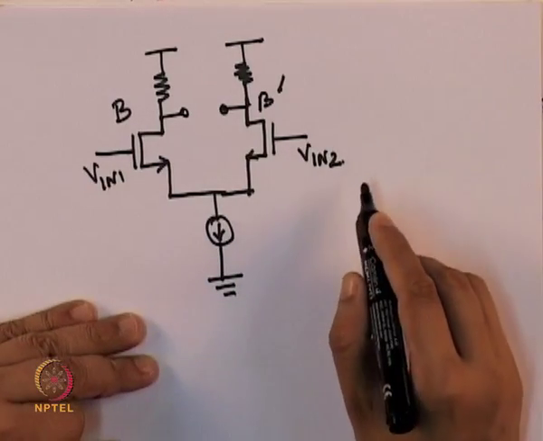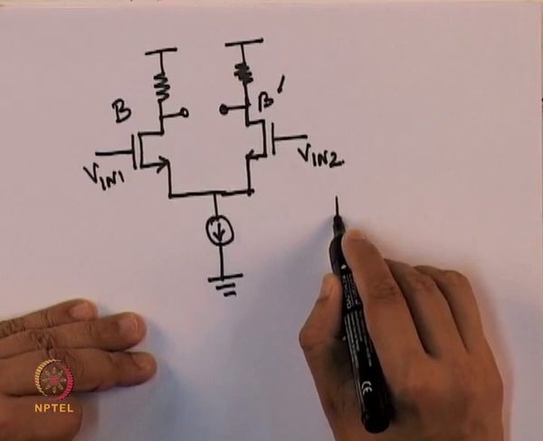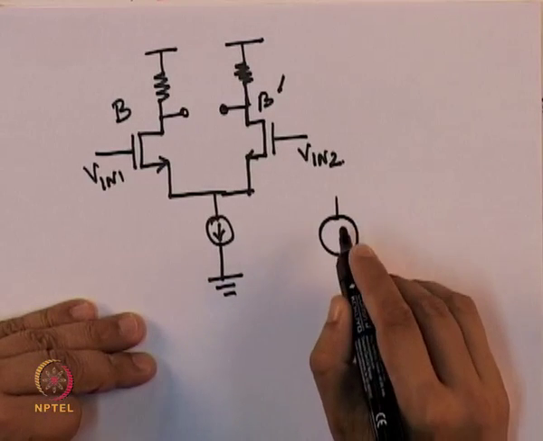Now, we could write an equivalent small signal model of this circuit like this.